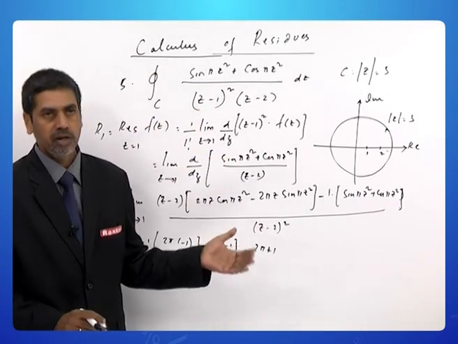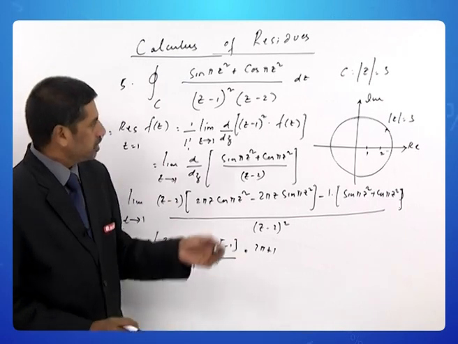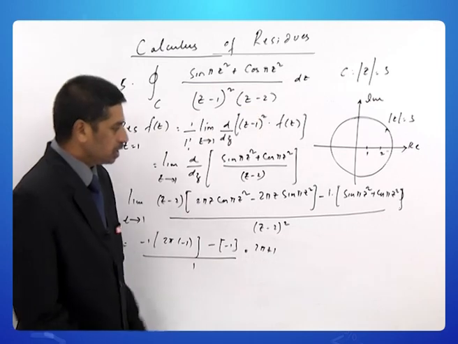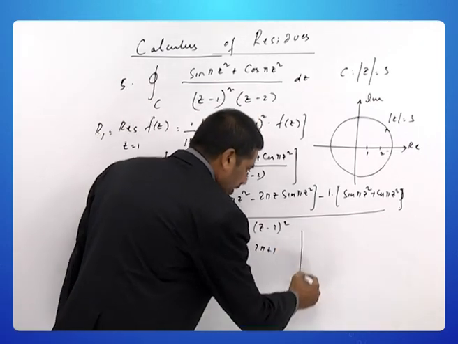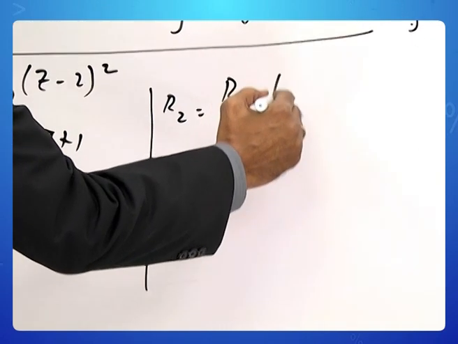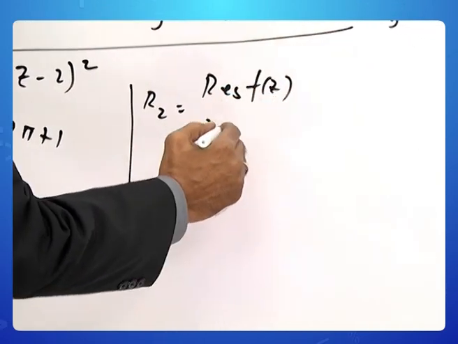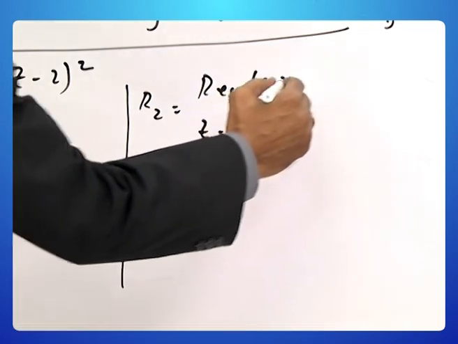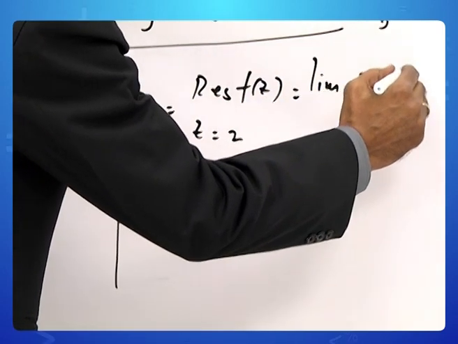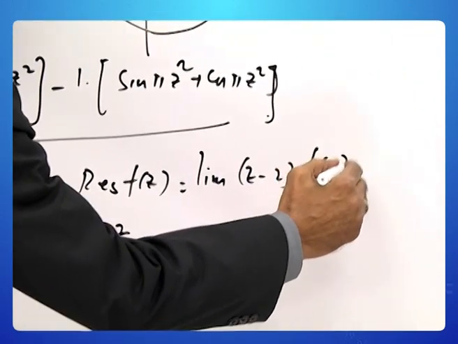So, this is the residue at z is equal to 1, and mind you, it has come not easily, but through the process of differentiation. But the next calculation, z is equal to 2, is a simple pole, therefore, we can get that a little bit quickly. R2 is equal to residue of f of z at z is equal to 2, by formula, is limit z tends to 2 of (z minus 2) into f of z.